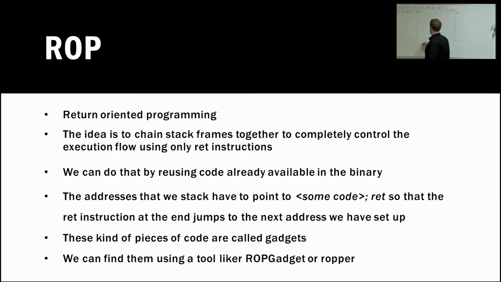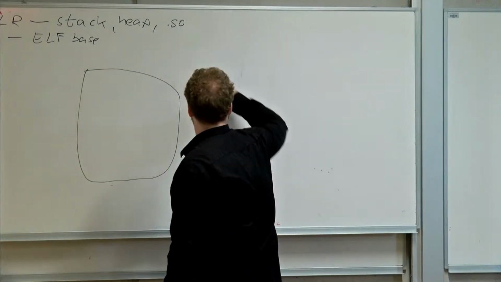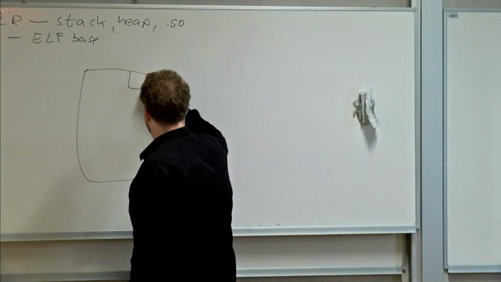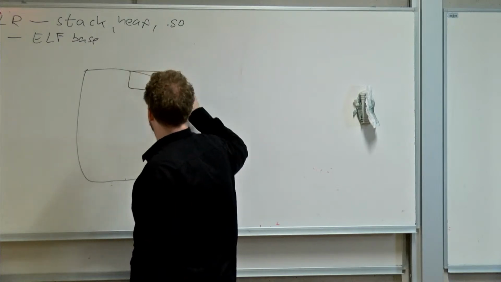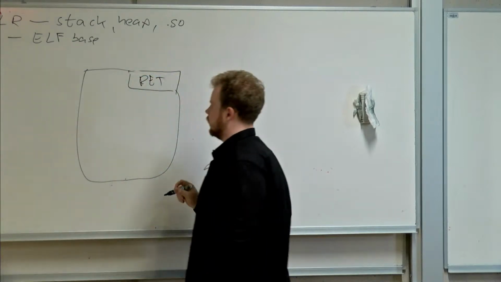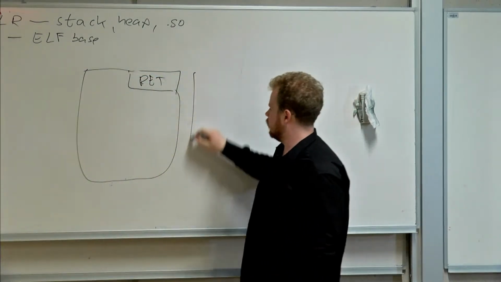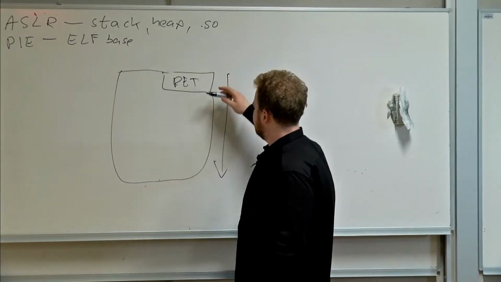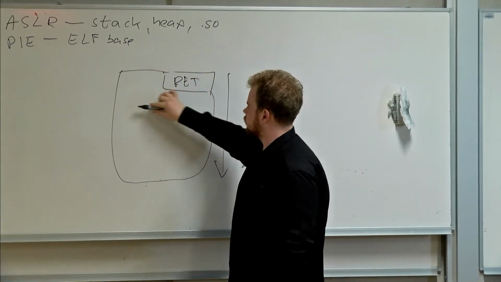So if we have a stack, and let's say here is a return address of some function, and we are able to overflow the whole thing. Then we can place a lot of values on the stack.